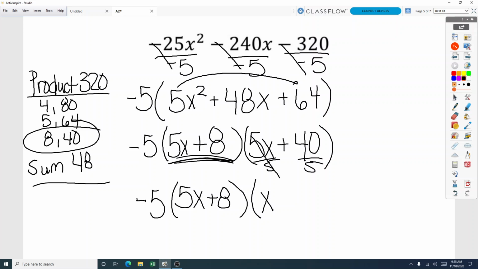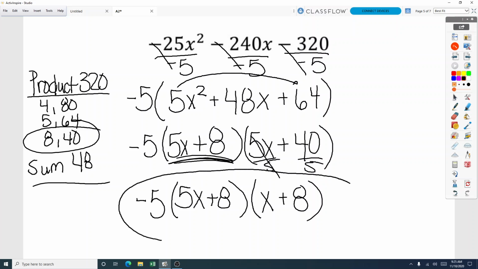So it leaves me x plus 40 divided by 5, which is 8. So those are my factors. Okay, guys, it's just like what we did yesterday. Same exact thing. Continuing to factor.